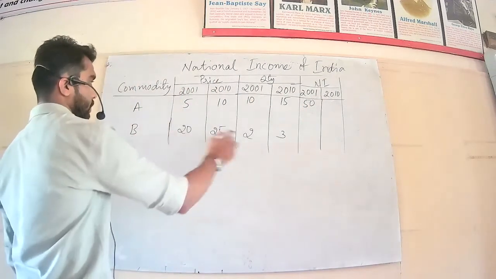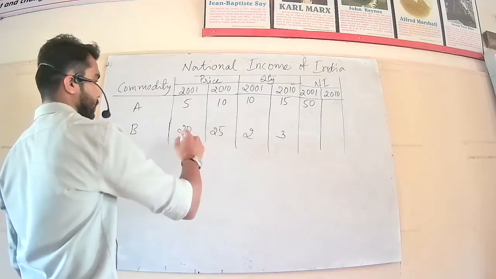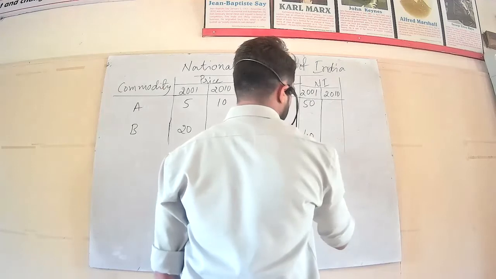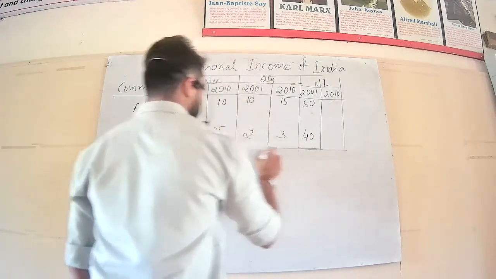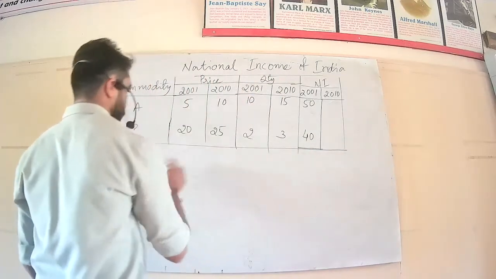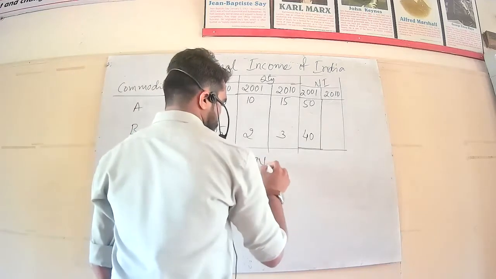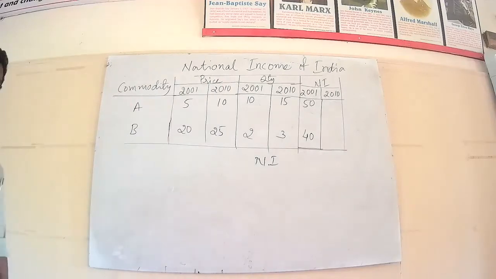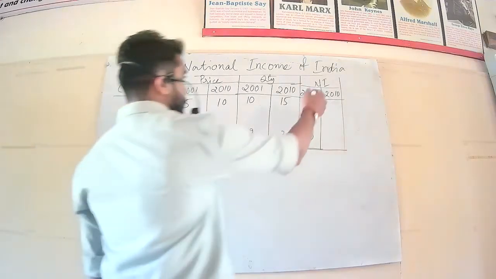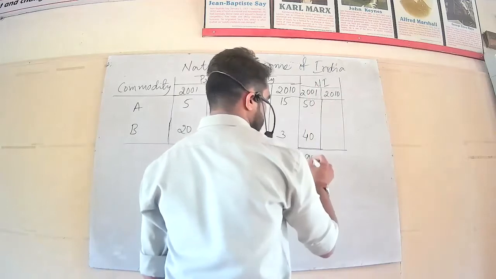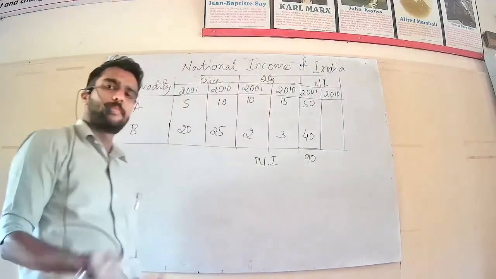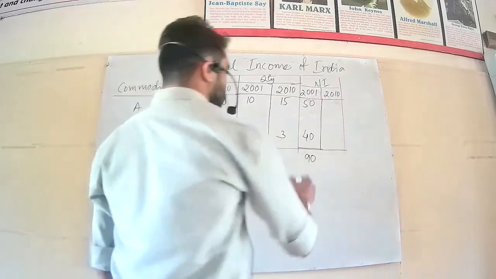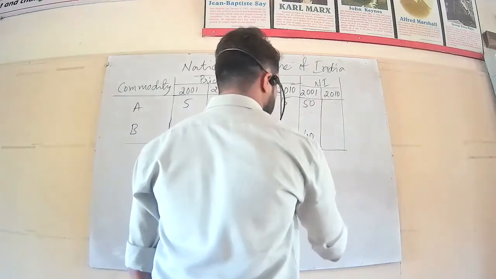Then for commodity B, 20 into 2, price into quantity, it is 40. So the total income in the year 2001 is 90. Let's take the figures to be in crore rupees.